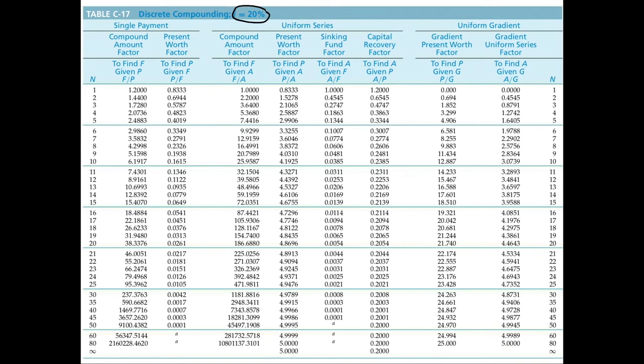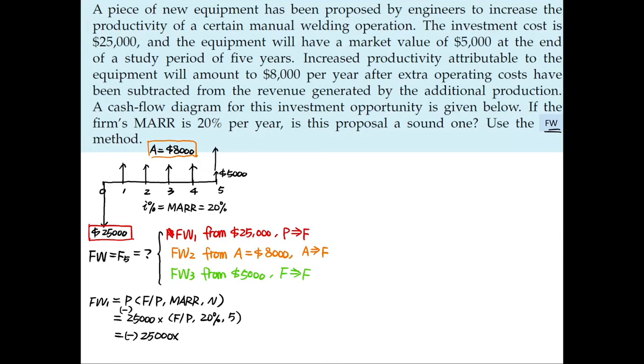So to find the future given present, it's this column, and the number n is 5, so this is your factor: 2.4883. The final result of this part is negative 62,207.5.